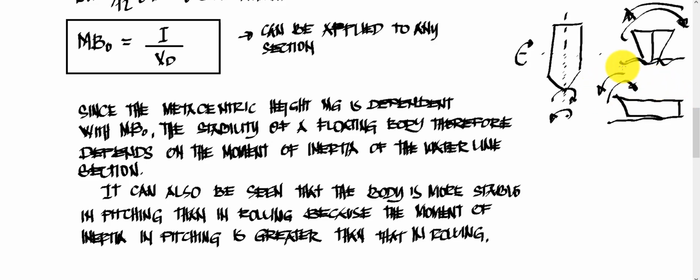From here we can conclude that pitching is more stable compared to rolling, because the section area of the pitching is larger compared to the section area covered by the rolling.